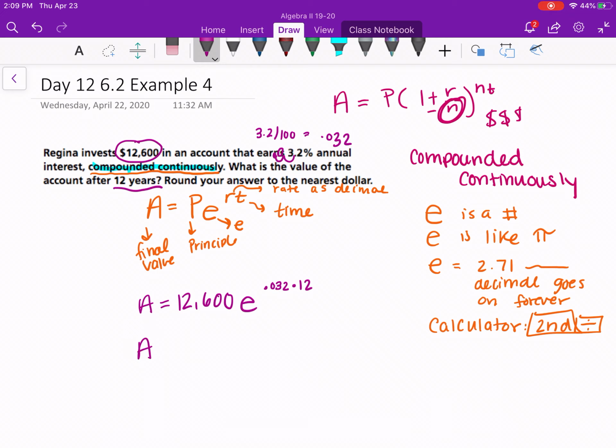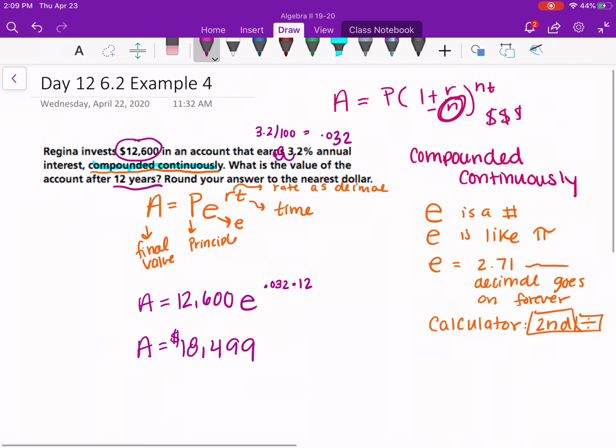So the amount in the account after 12 years is going to be approximately $18,499. So again, compound interest is the best. This person, Regina, that's her name, put $12,600 into an account and walked away. She did nothing. She did not open her banking app.